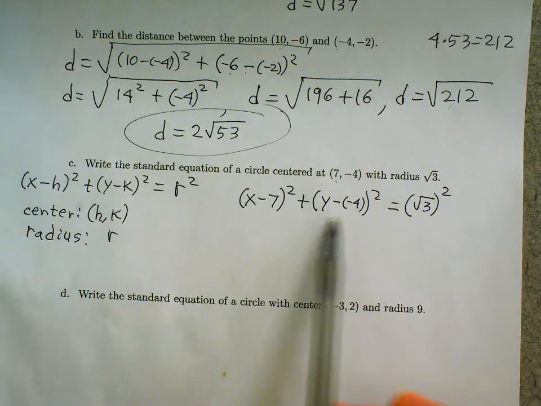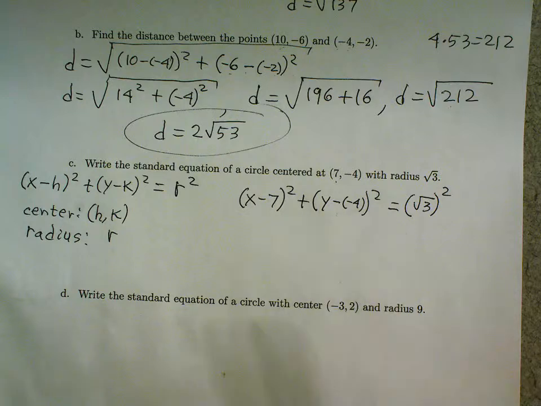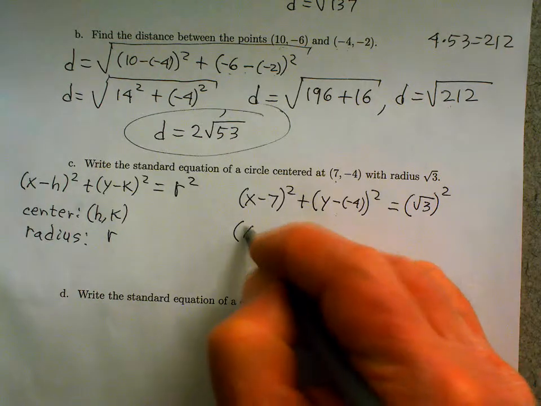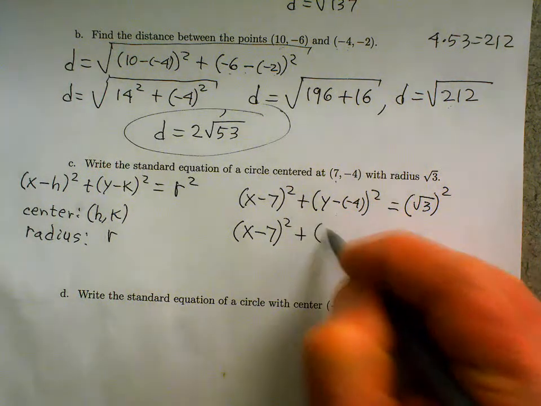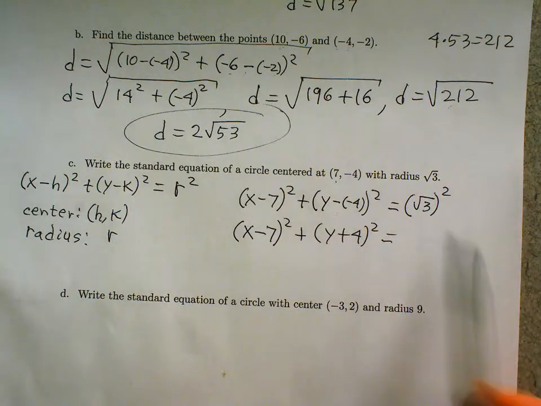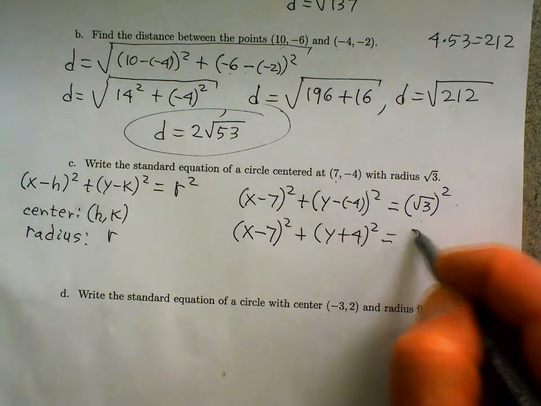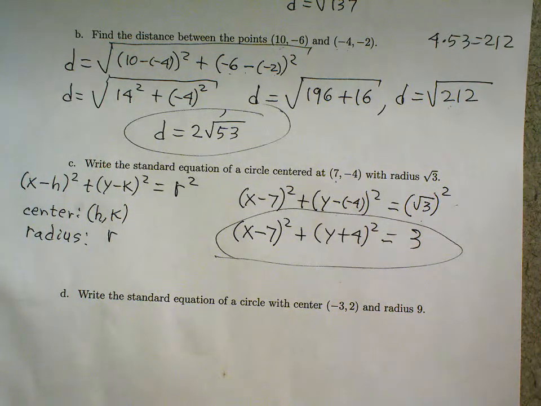And we do want to simplify a little bit when we have such things like y minus negative 4. So we'll write this as x minus 7 quantity squared plus y plus 4 quantity squared. And then the square root of 3 squared is just 3. So this is the standard equation that we're looking for that circle.